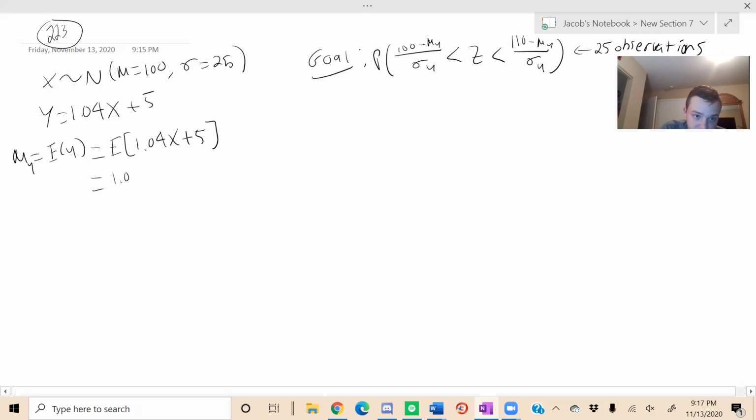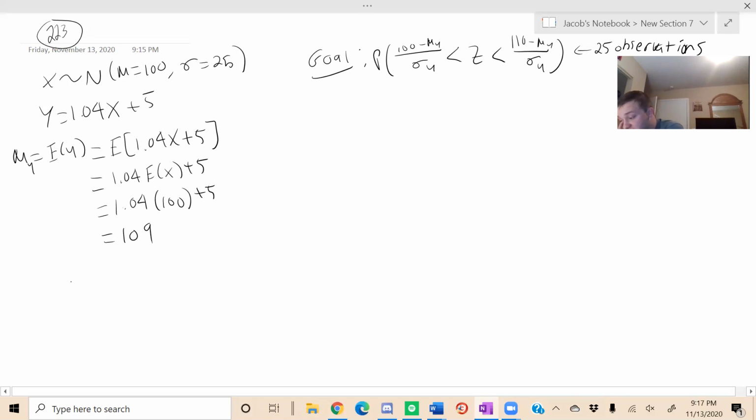So this equals 1.04 times the expectation of X plus 5, which equals 1.04 times 100 plus 5. And this actually just equals 109.